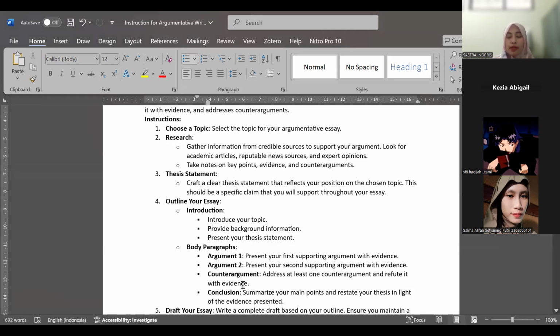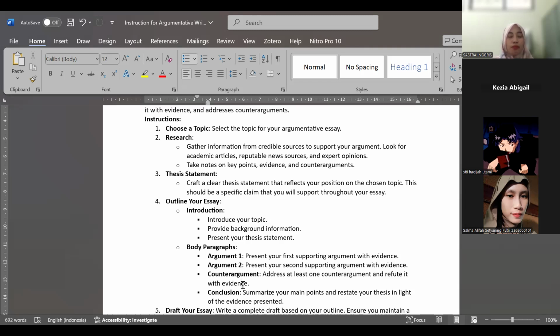Any questions so far regarding providing counter argument in your writing? Ada pertanyaan mungkin? Jadi caranya adalah, okay, good. Berarti caranya adalah menemukan kekurangan itu sendiri, ya. Di mana letak kekurangannya?